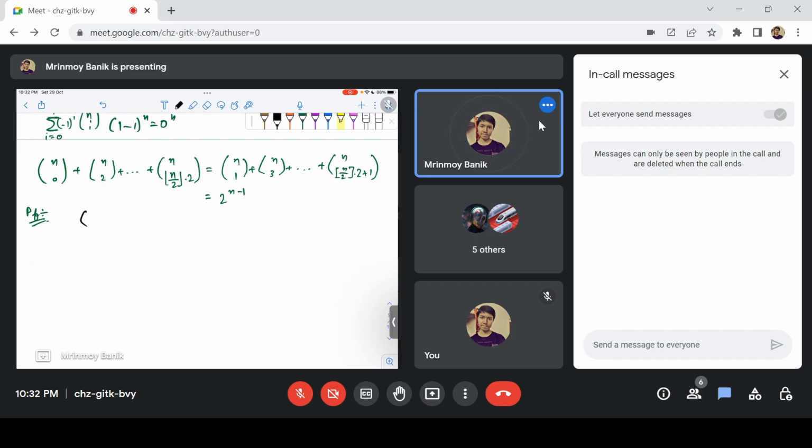So 1 plus x power n has the expansion 1 plus nC1 x plus nC2 x squared up till x power n.